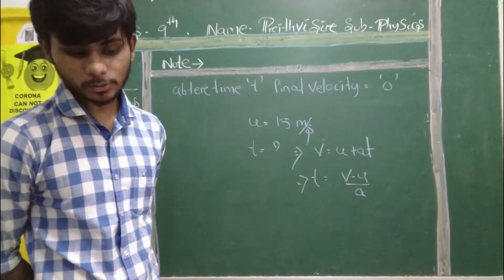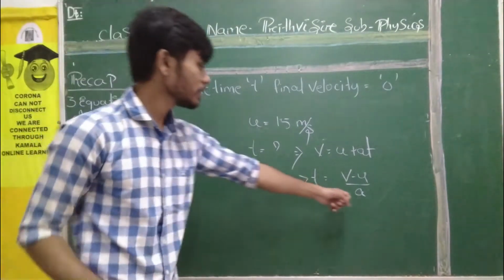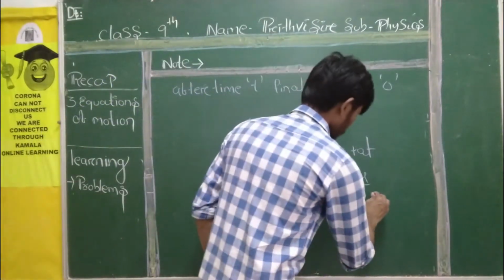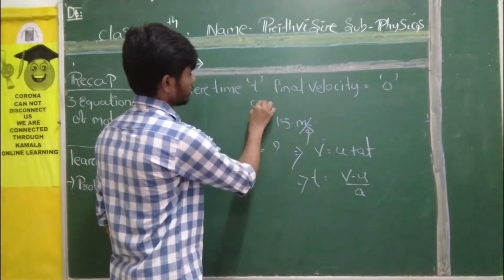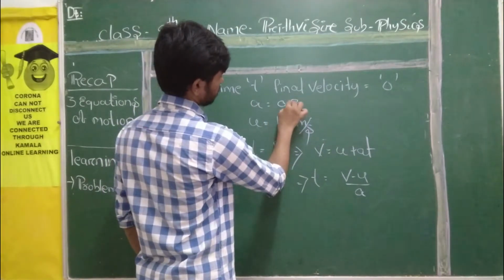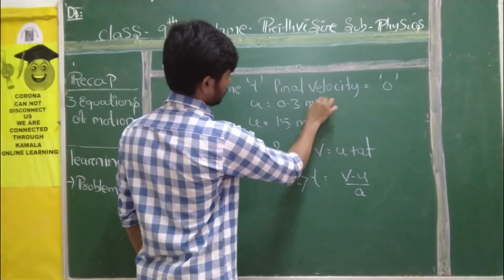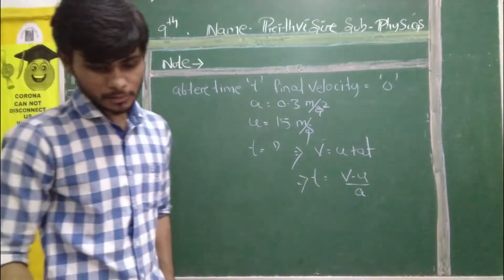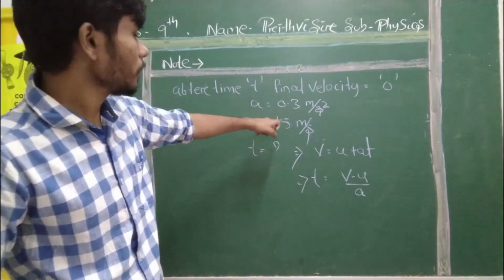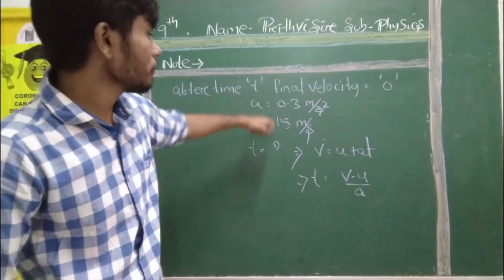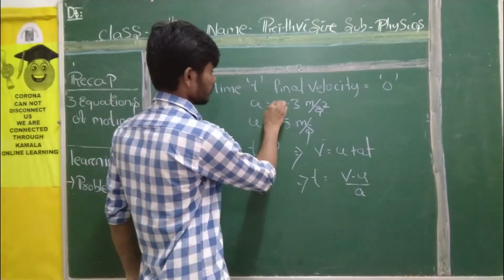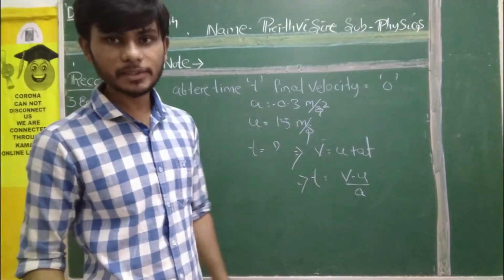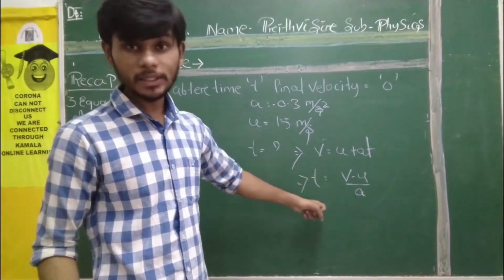How did we get this, students? We know the deceleration a is equal to minus 0.3 meter per second square. u is equal to 15 meter per second. We need to find out t.